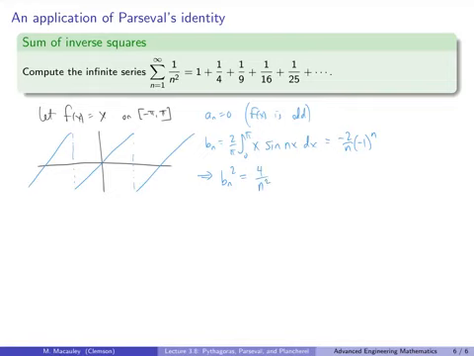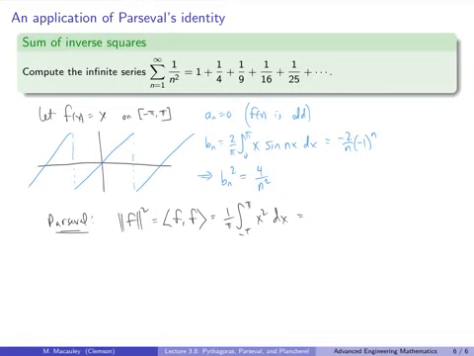So now let's recall what Parseval says. Parseval's identity says that the norm of f squared, which is just the inner product of f with itself, is 1 over pi times the integral from negative pi to pi of x squared dx.